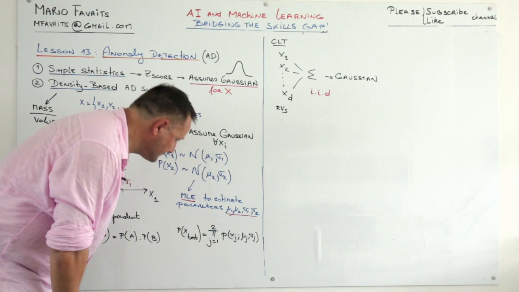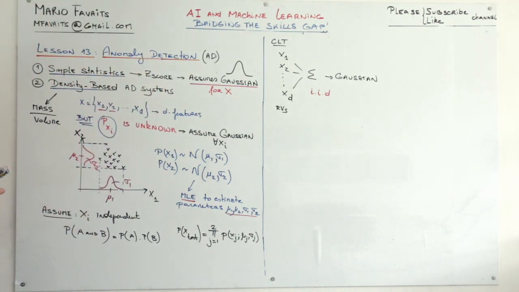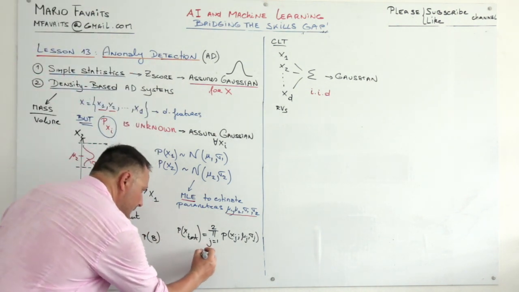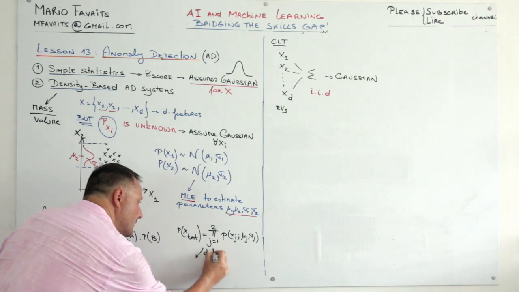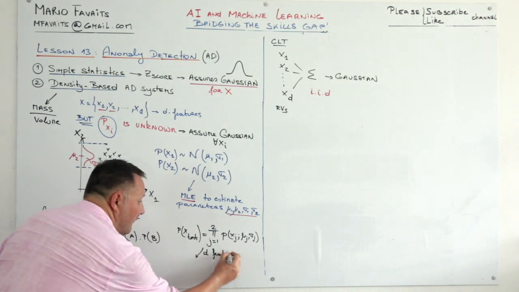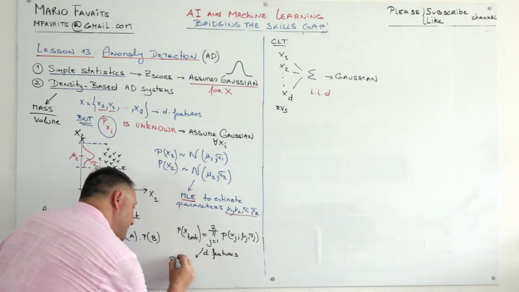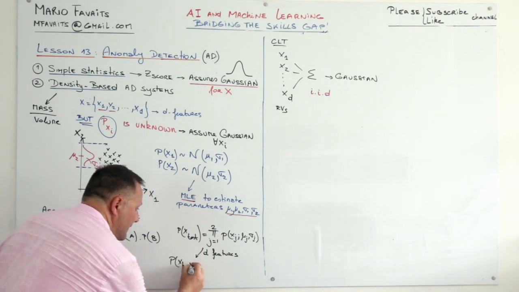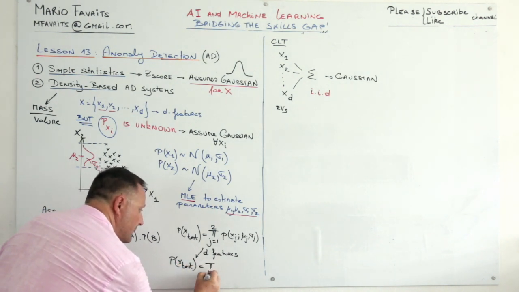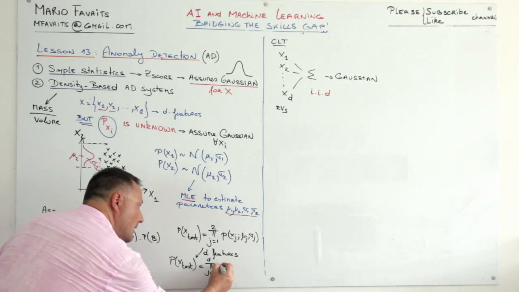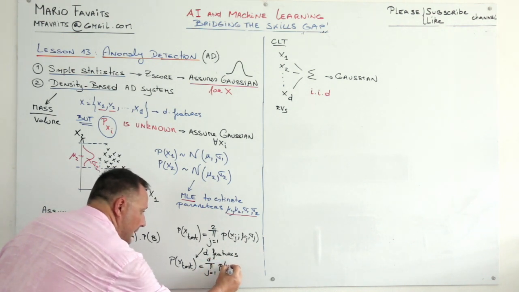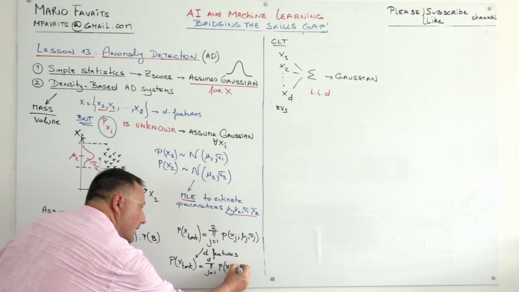That's basically our formula. So if you have d features, you have the probability of x test equals the product from j equals 1 to d of p of xj with mu j and sigma j.